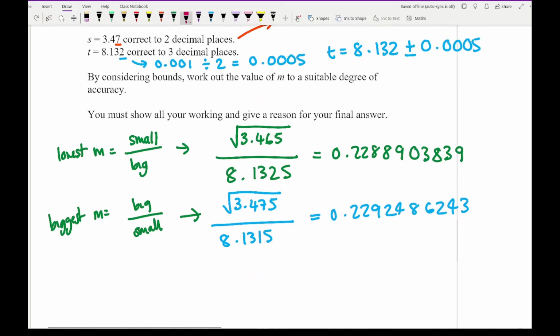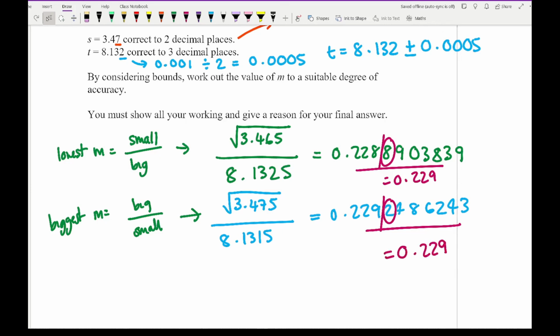Now again, we need to write to a suitable degree of accuracy. We want to look at rounding where these two numbers here will give me the same number. So here, as I've mentioned, we've got 2 decimal places, 3 decimal places, we've got a mixture. So for this, I would say that if we round our numbers to 3 decimal places, you can see here that it would give me the same answer, because this rounded would give me 0.229, and this number rounded would also give me 0.229, which seems very reasonable.